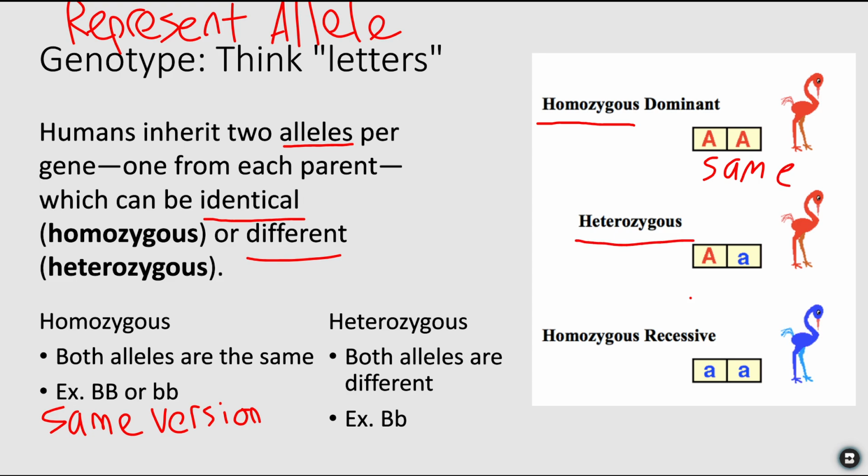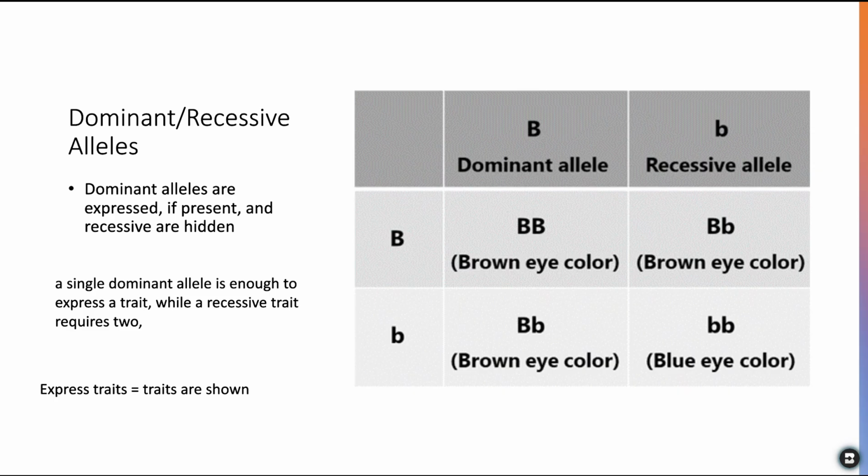Heterozygous means both versions of the letters are different. And here's another homozygous. Now, we saw that two letters can be the same version or they can be different versions. But what are those versions actually called?